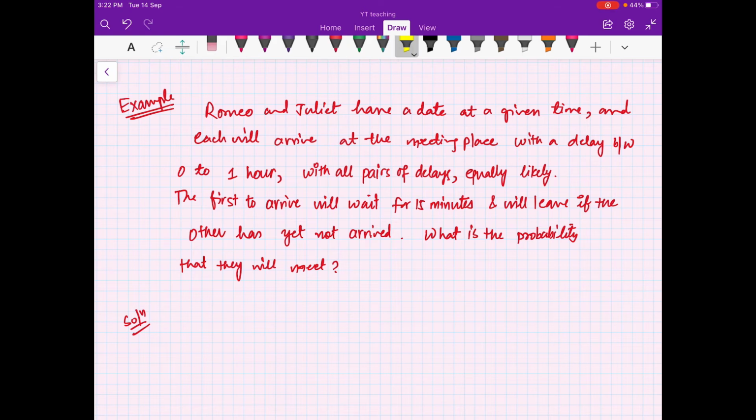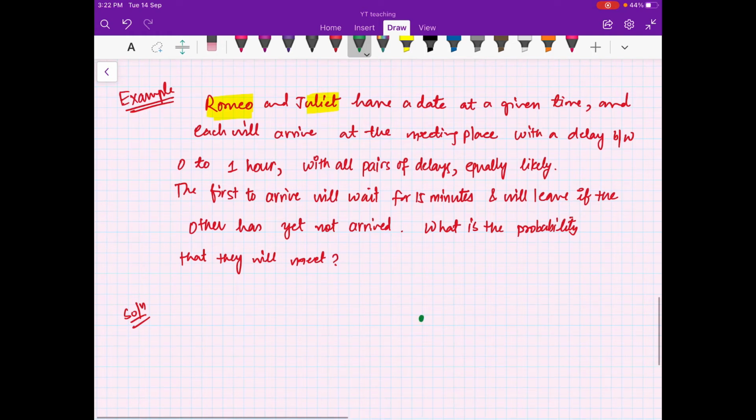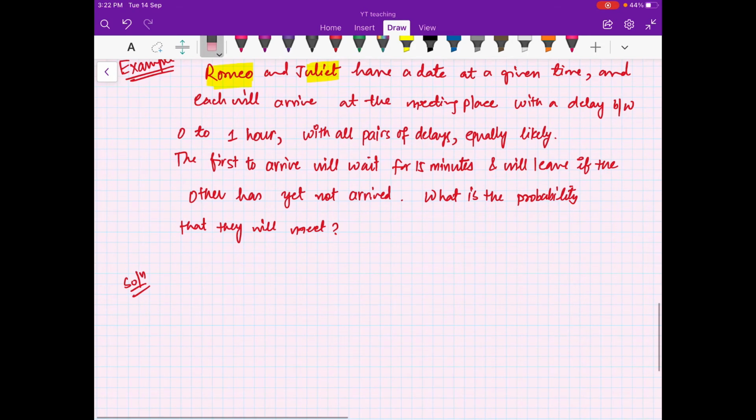So there are two people, Romeo and Juliet. They have a date. Suppose this is the fixed time, the point of time which is fixed. Let me draw it here. So this is the fixed date time, say 4 p.m. on some particular day.